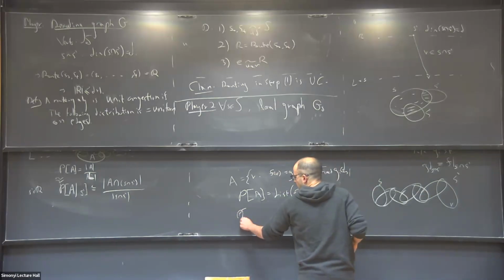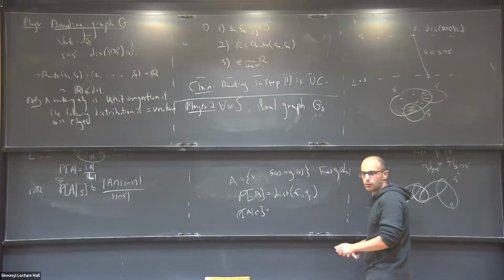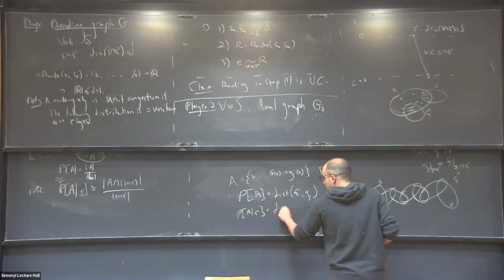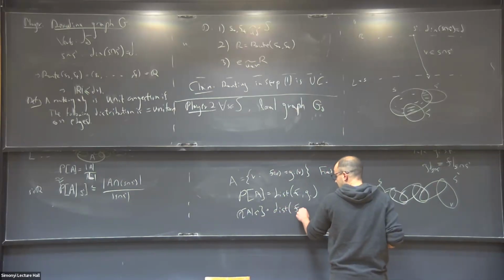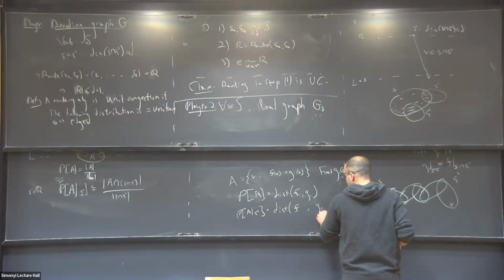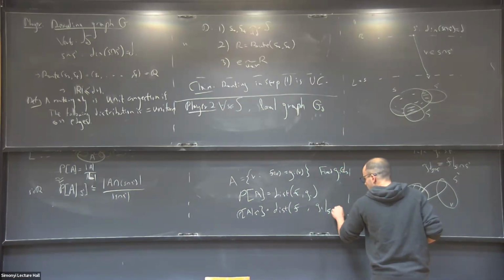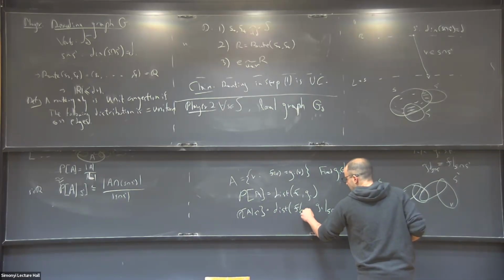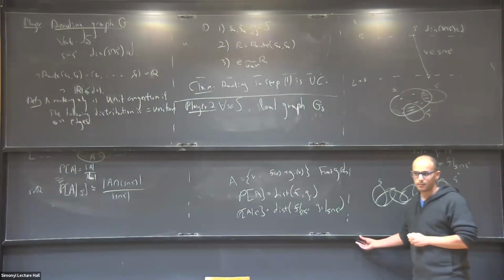And if you look at A given S prime, you chase the definition and you see that this is just the distance of F and GI, but only on the neighborhood of S and S prime, which is the intersection.